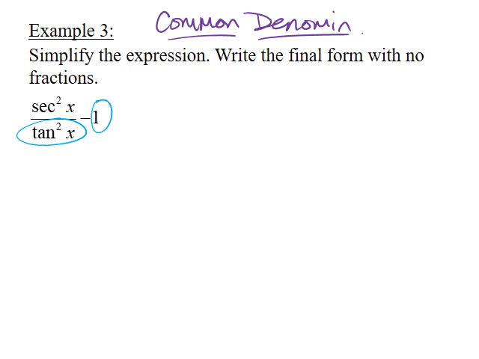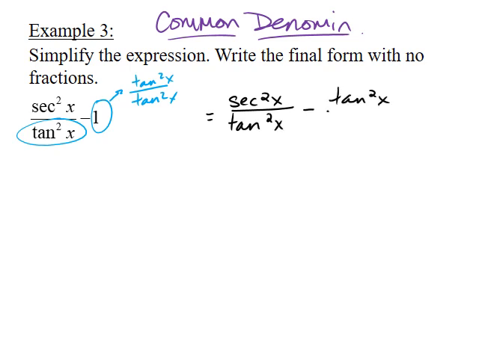So instead of writing 1, I'm going to represent 1 as tangent squared of x over tangent squared of x. Okay, so when I rewrite this, this becomes secant squared of x over tangent squared of x minus tangent squared of x over tangent squared of x.